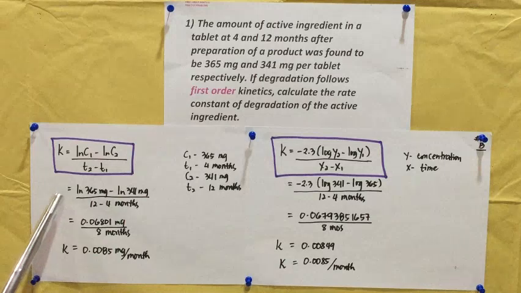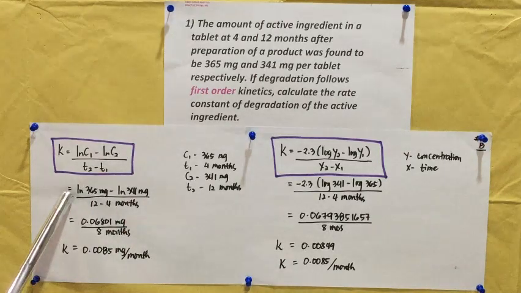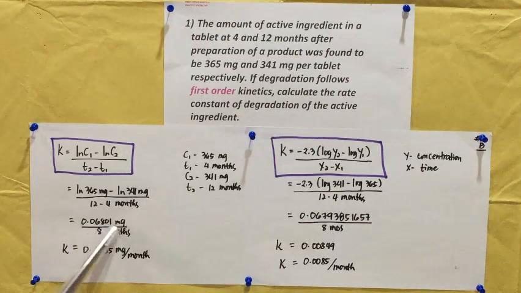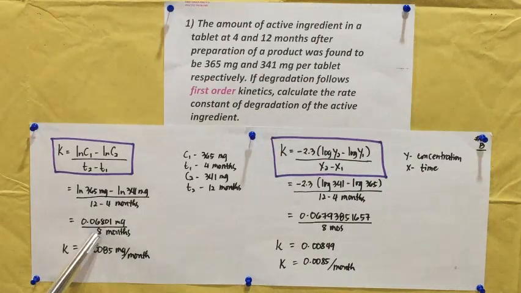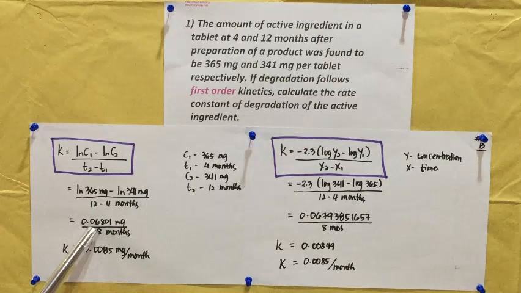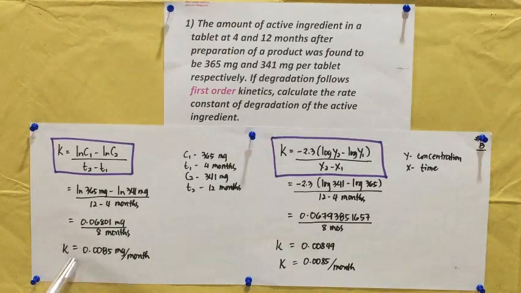So if you input this in a scientific calculator, the result will be 0.06801. So 12 minus 4 is 8. So K is equivalent to 0.06801 divided by 8 months. So K now is equivalent to 0.0085 per month.